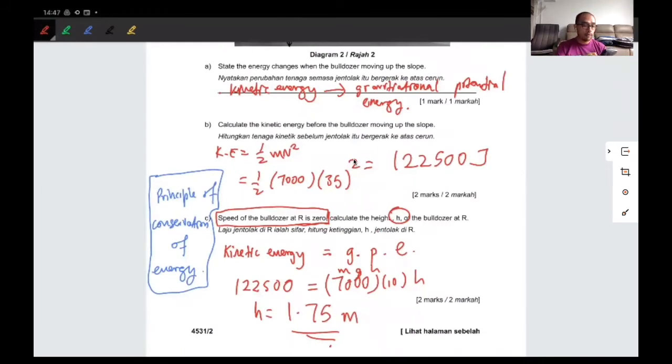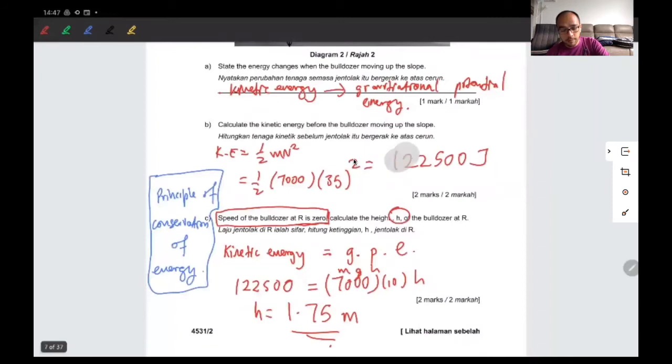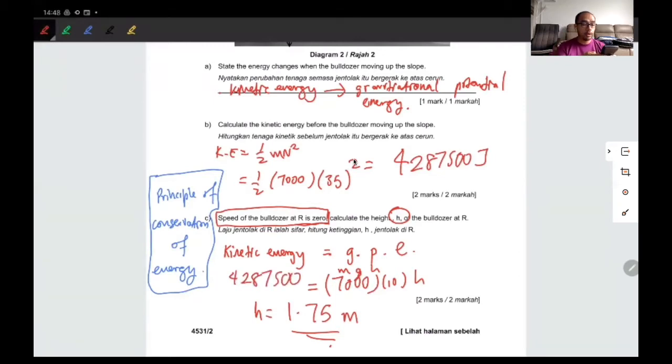This is mv squared, so actually I calculated the thing wrongly, my bad. 7,000 times 35 times 35 is 8,575,000... thank you for pointing this out. That means over here also I'm getting this wrong. See, I told you I'm human.